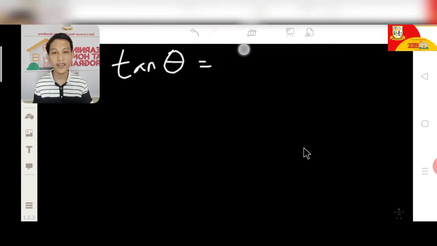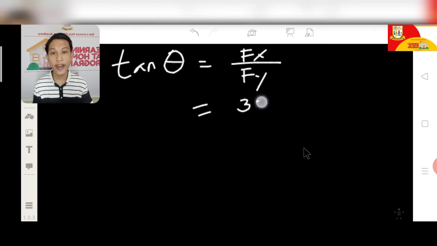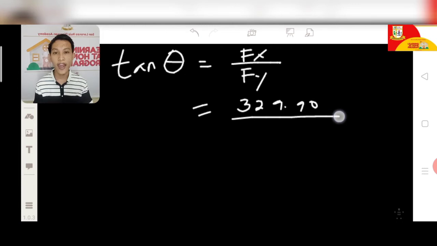Now, to get the direction of the vector, we will use the tangent function. Tangent theta is equal to F_y over F_x. Okay, so that will be our formula. Again, our F_x is 329.90 and our F_y is 75 newtons.